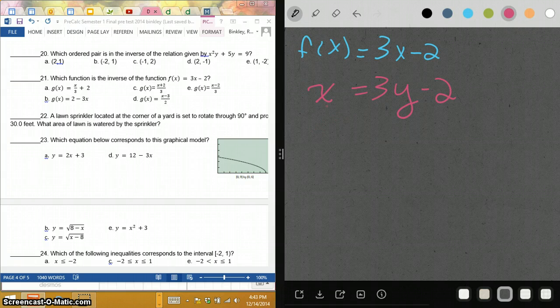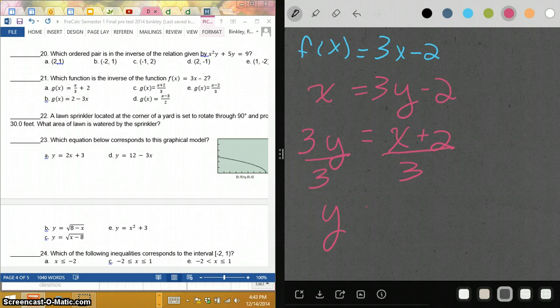Okay, so I'm going to add 2 to both sides. So 3y, I'm just going to flip these around. I like the variable I'm solving for to be on my left-hand side. I don't know, it's just the way my brain works, but I added 2 to both sides, which canceled it out and gave me x plus 2 on the other side. Then I just need to divide it by 3, right? Divide by 3, and that's actually my answer.